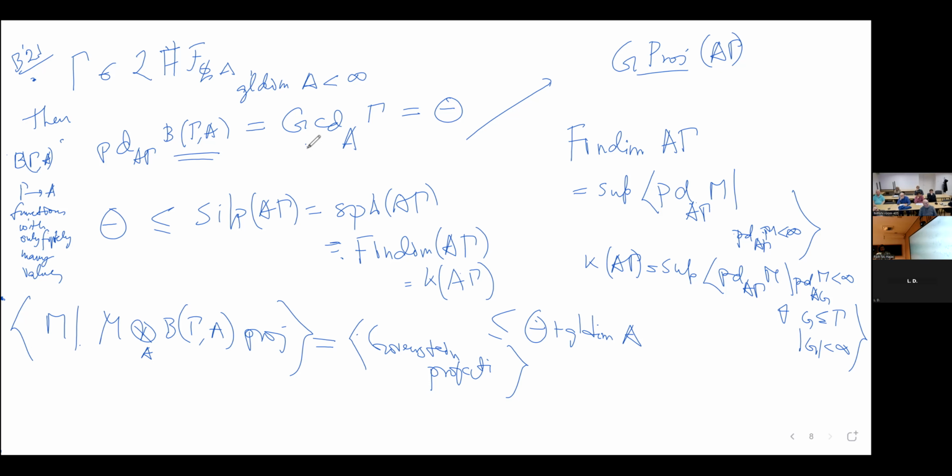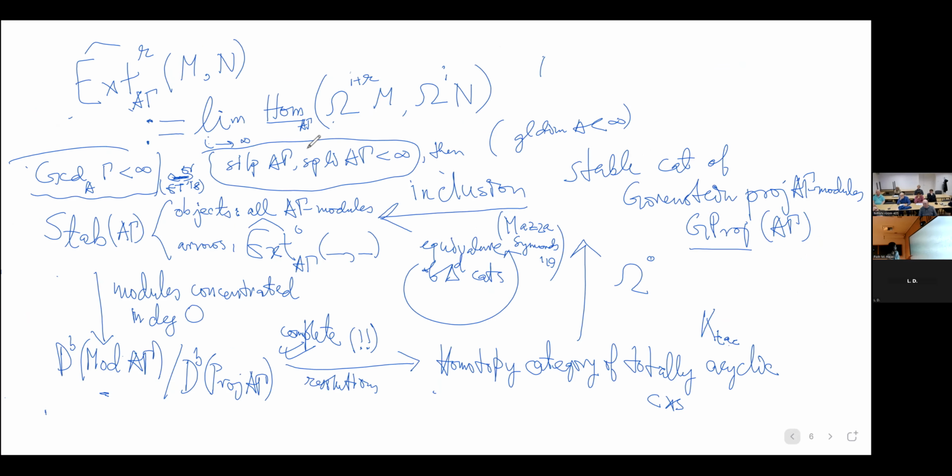No, but let me finish my answer to your question, Peter. So yes, essentially the Mazza-Symonds construction of the stable module category gives a way of constructing a stable module category for an infinite group. And then one can ask, when is this construction possible?